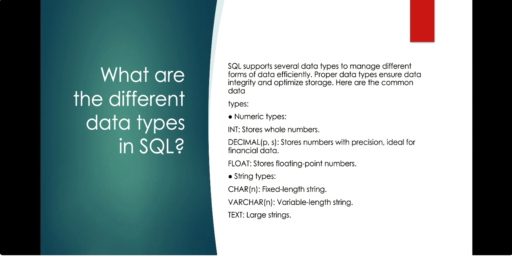If you take financial data, then this precision is very important. Approximate types are better for scientific calculations where slight variations are also acceptable. With the new standards like SQL 2003, we also got types like BIGINT for very large whole numbers and even multiset for a set of values.